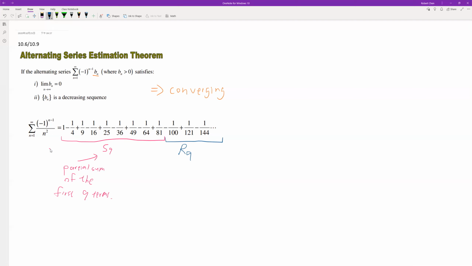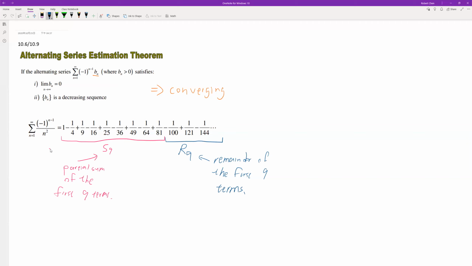So these are the terms remaining if we take away the first 9 terms.